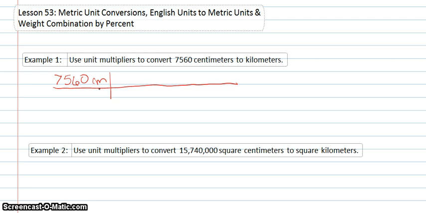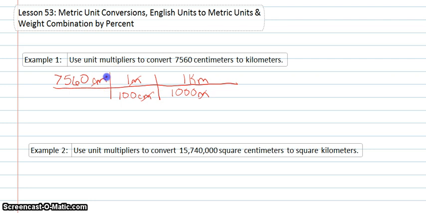There's a step between the centimeters and the kilometers. I'm going to go from centimeters to meters. There are 100 centimeters in 1 meter. And then meters to kilometers, there are 1,000 meters in 1 kilometer.